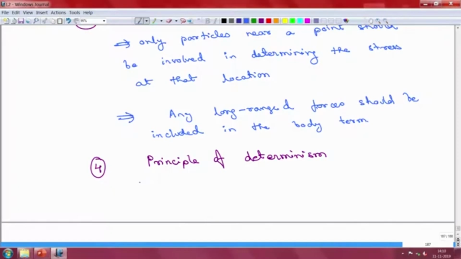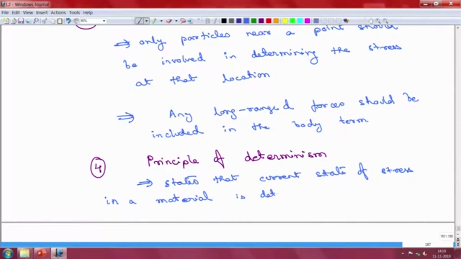So this again states that the current state of stress in a material is determined by past history alone.